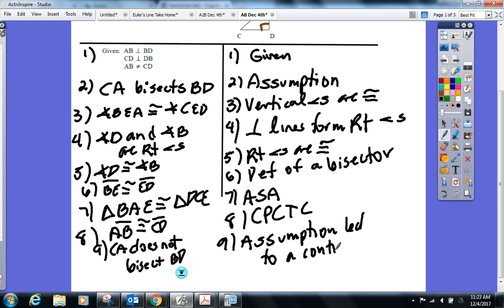And again, just a reminder, remind me what lines the contradiction is on. And remember, the contradiction is not the assumption and proof statement. It's from your given and wherever you contradicted it, which for us would have been step 8.